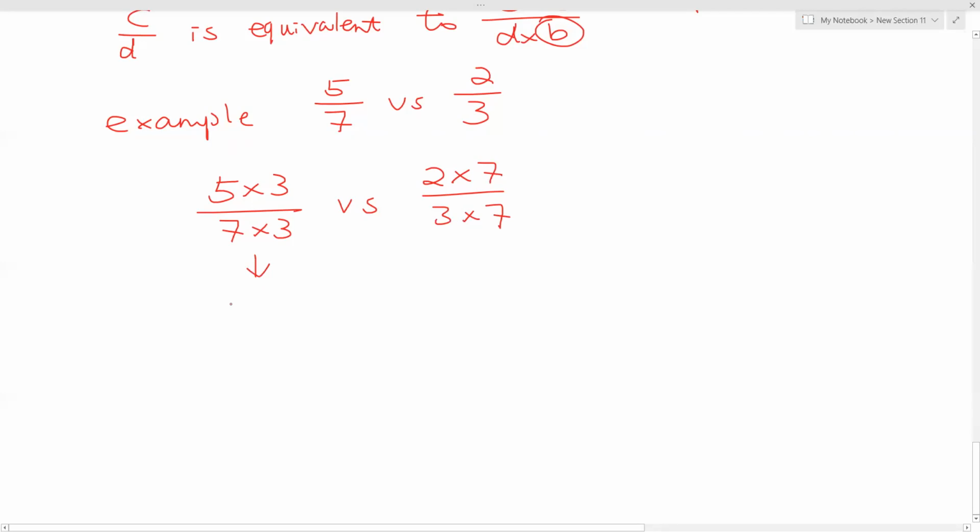The left becomes 15 over 21, and the right becomes 14 over 21. Now they have become the second scenario, where you have the same denominator, and because 15 is bigger than 14, 15 over 21 is bigger than 14 over 21.